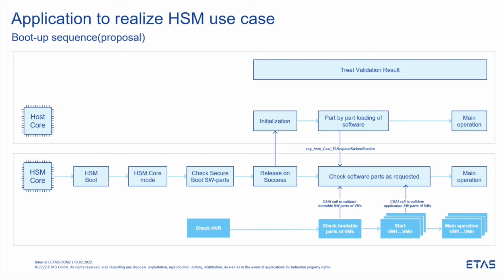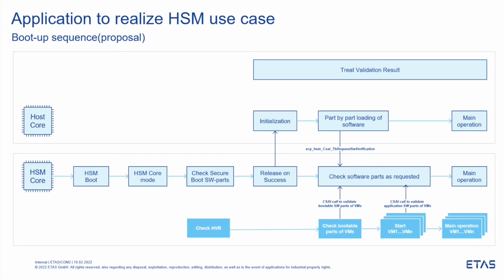And after the successful validation of this hypervisor software part, it will release the hypervisor. Now, in this step, the hypervisor will request the HSM to validate the bootable parts of the virtual machines. And after a successful validation, it can then start the VMs.